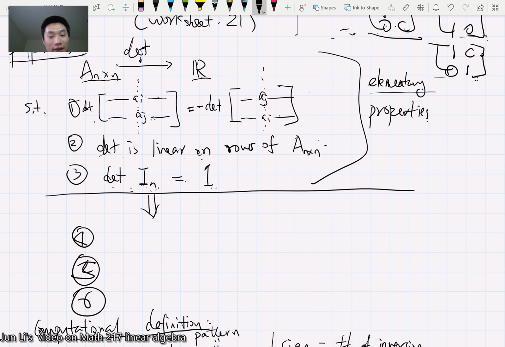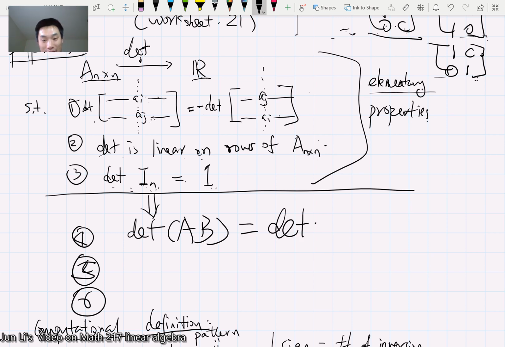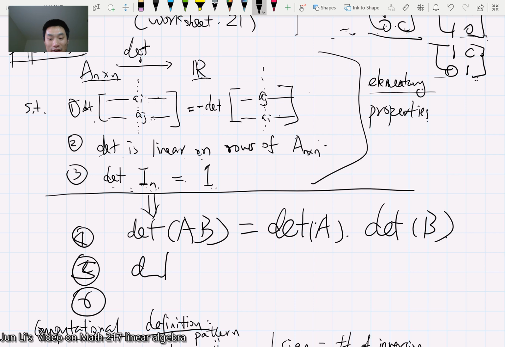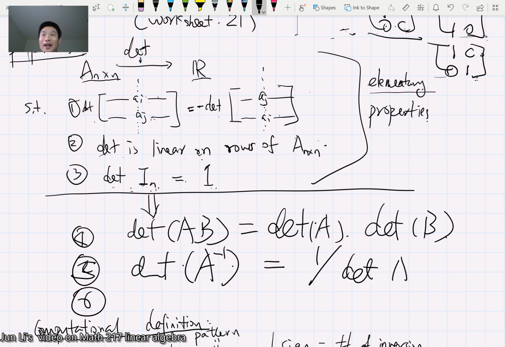Firstly, the determinant of AB equals the determinant of A times the determinant of B. Next, the determinant of A inverse equals the inverse of the determinant of A. You might have a question if the determinant is 0.